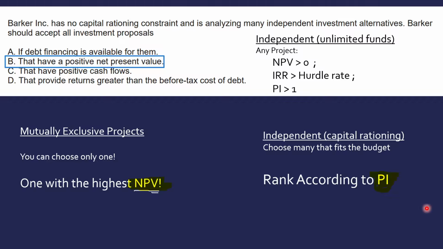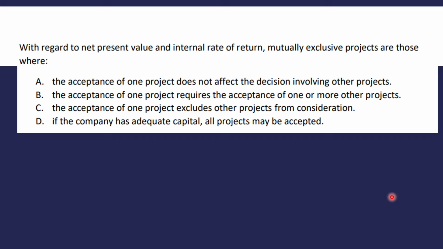Hindi necessarily yung highest NPV, ha? Kasi baka mamaya pinili mo yung highest NPV una, naubos agad budget mo, wala ka ng ibang matanggap, no? So hindi pwede based on NPV agad. You rank according to PI para masulit yung paggamit ng pondo. Anyway, I'm going to show it to you in a later problem.